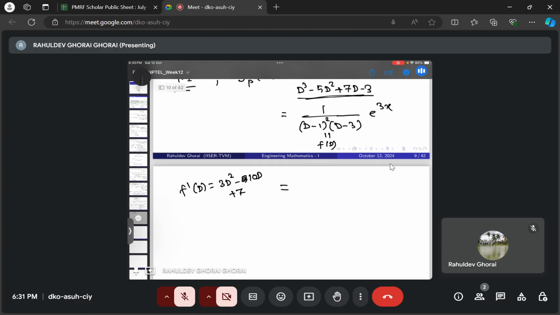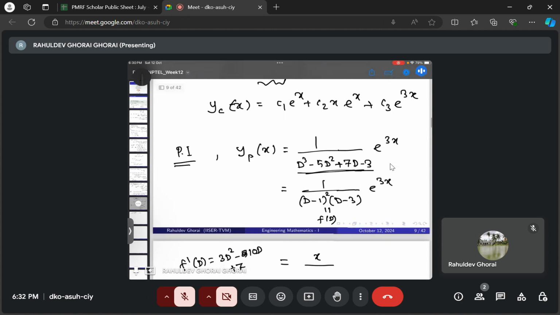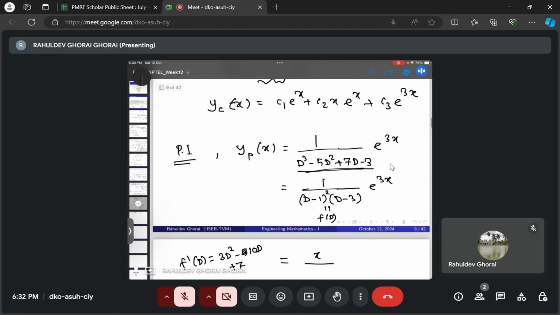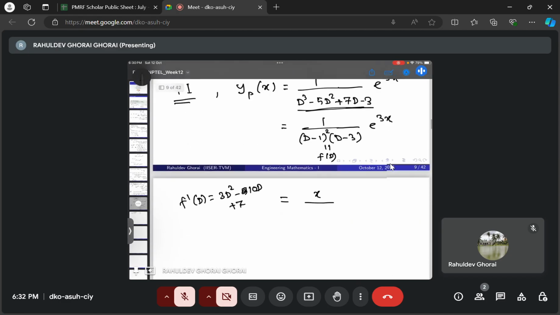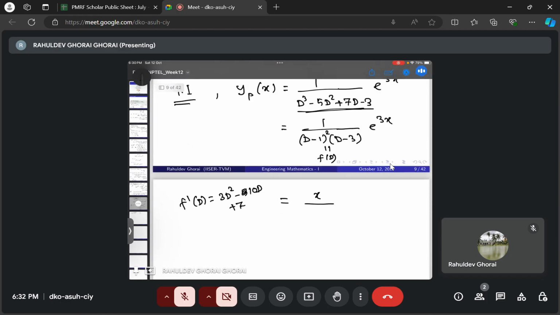So you put it in f prime of D, so it will be x over 3D square minus 10D plus 7.